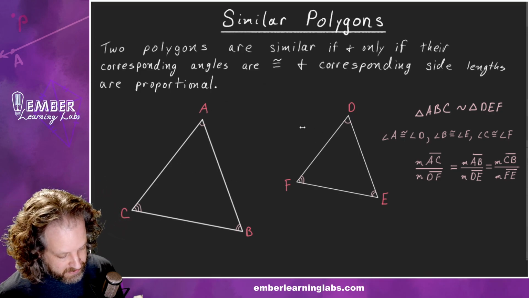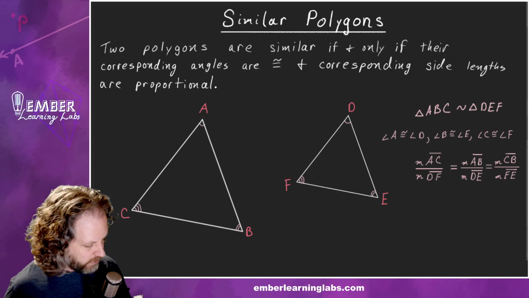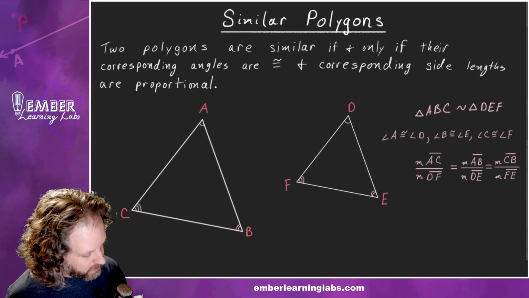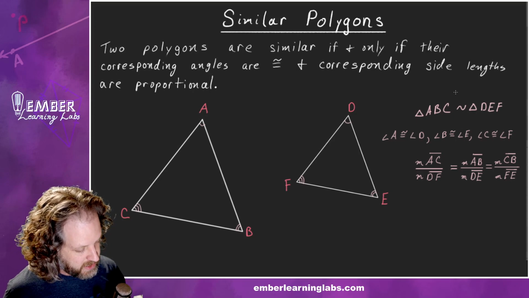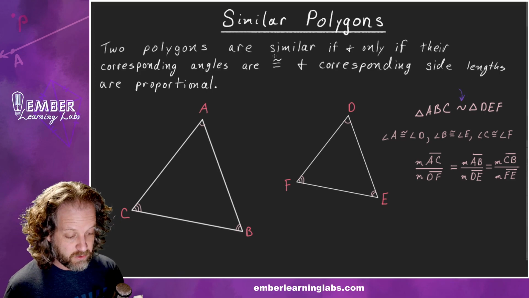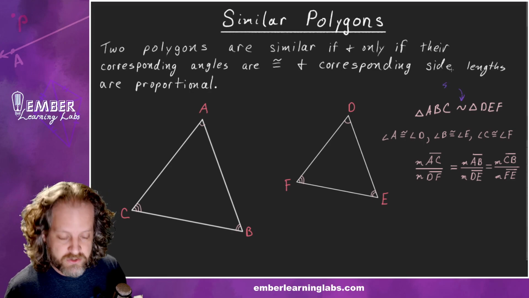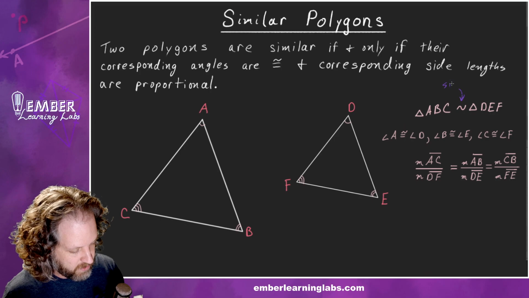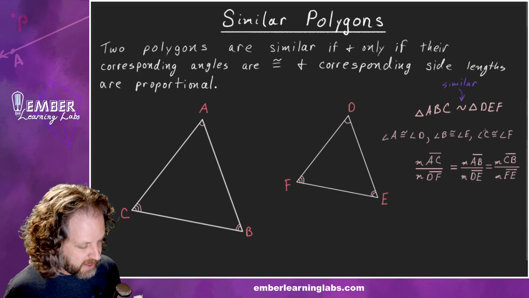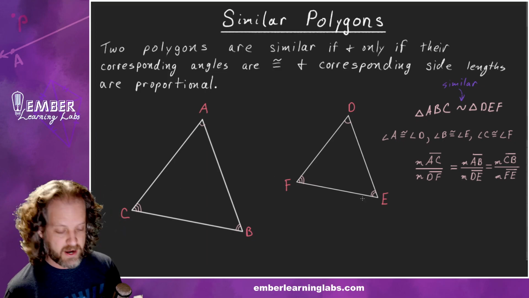This is an example with a triangle, and we've also got a little bit of notation here. This symbol that looks like the top of a congruent symbol means similar, or is similar to. So this says triangle ABC is similar to triangle DEF.